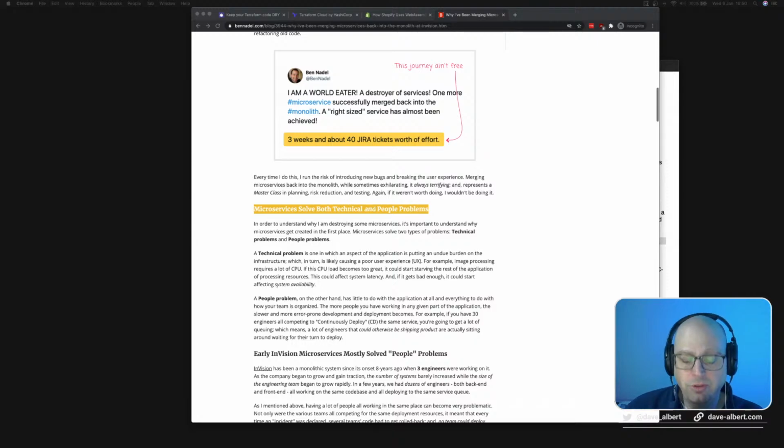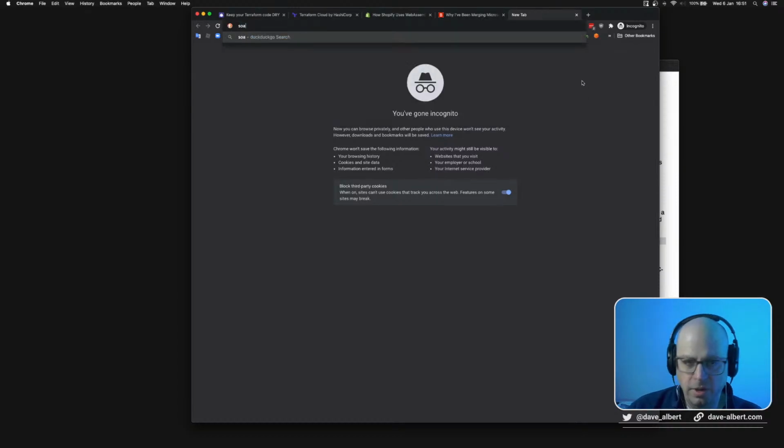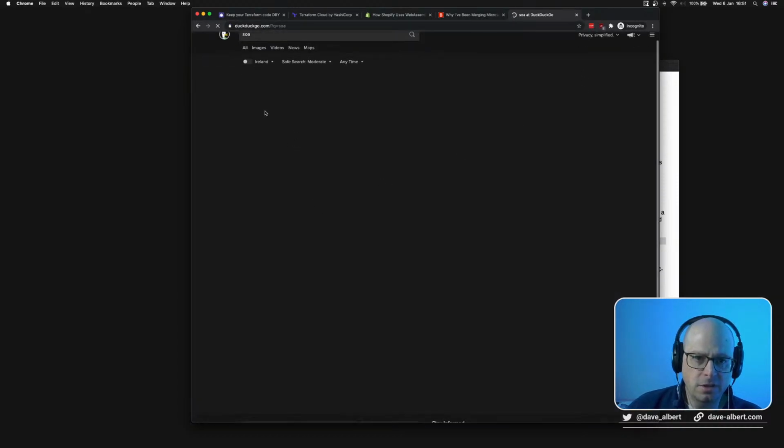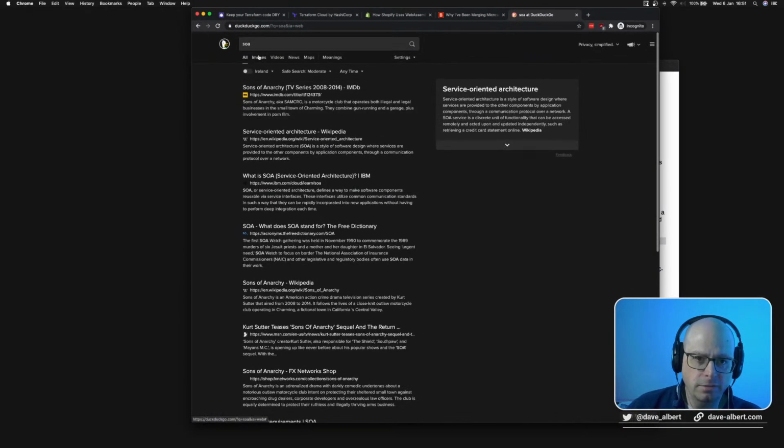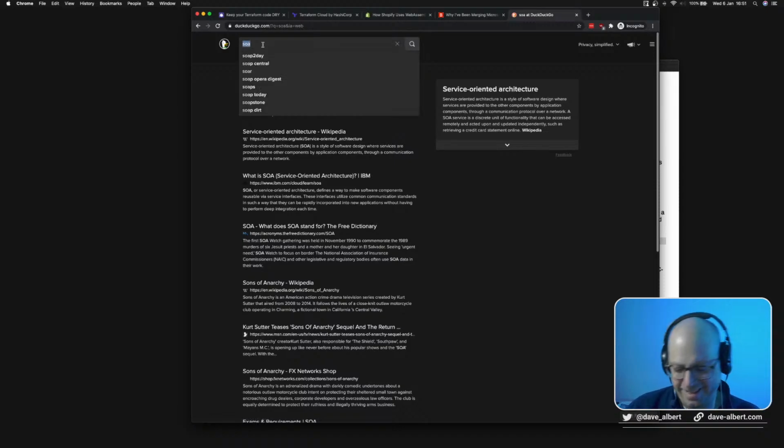You have overhead of the connective tissue between the different microservices. When you've got a handful of services, so it's called SOA, really, service-oriented architecture, not Sons of Anarchy. Service-oriented architecture.